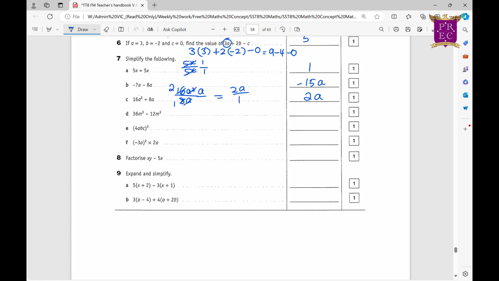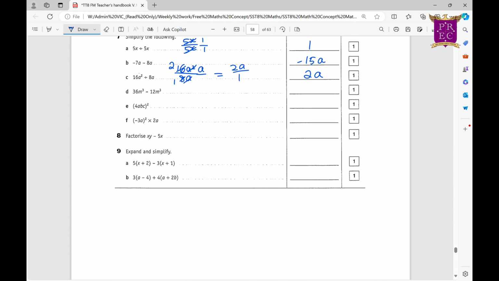And now D is asking you to minus like terms, and we know these are like terms because both have m cubed on them, and so we just need to change the coefficient. 36 minus 12 is 24. So that is 24m cubed.